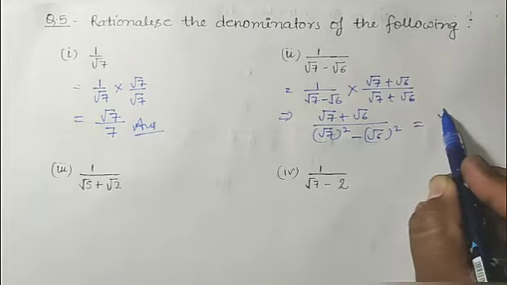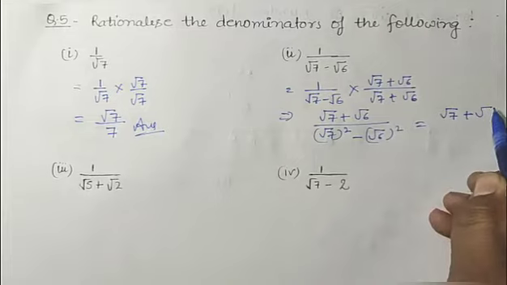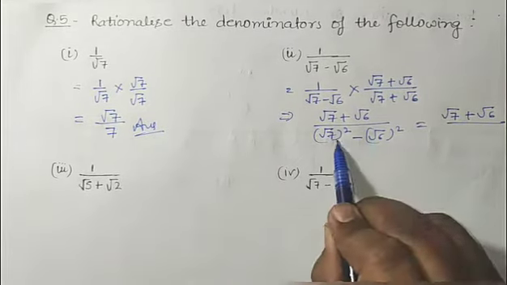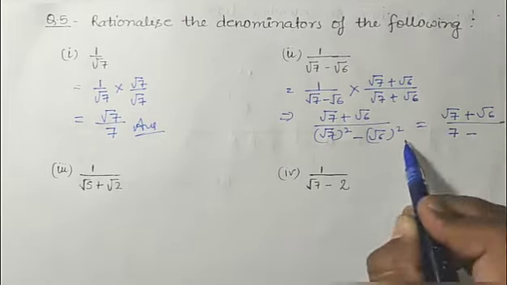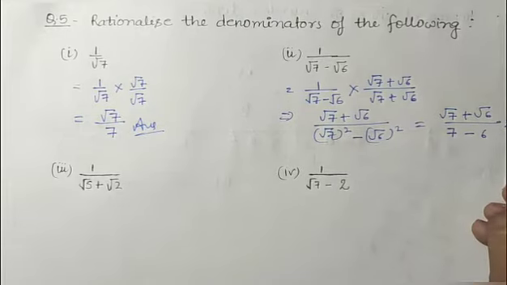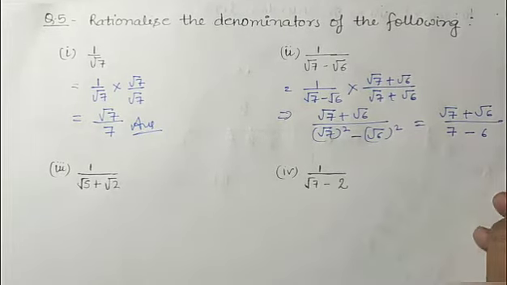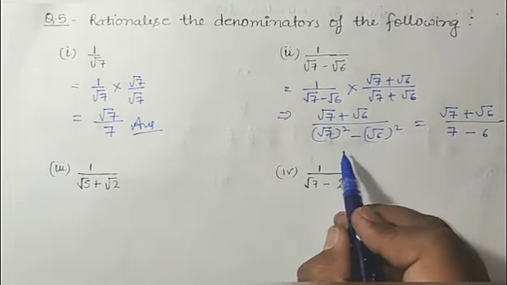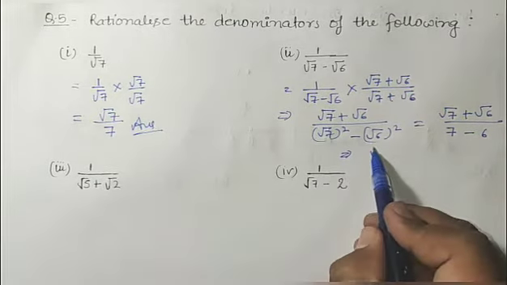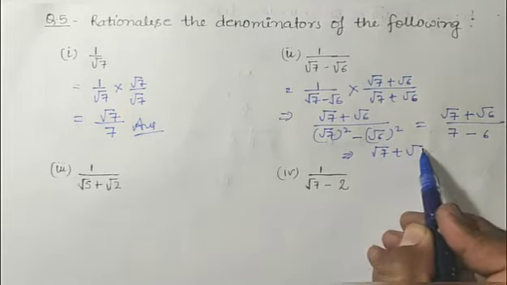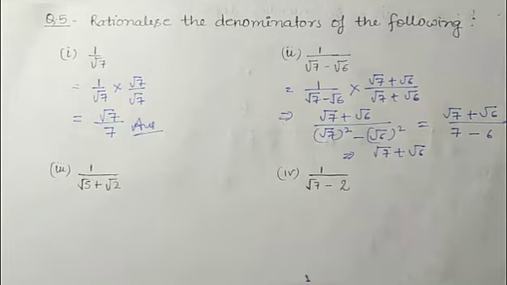On simplifying, under root 7 square is 7, under root 6 square is 6, so in the denominator only 1 is there. You will get under root 7 plus under root 6.